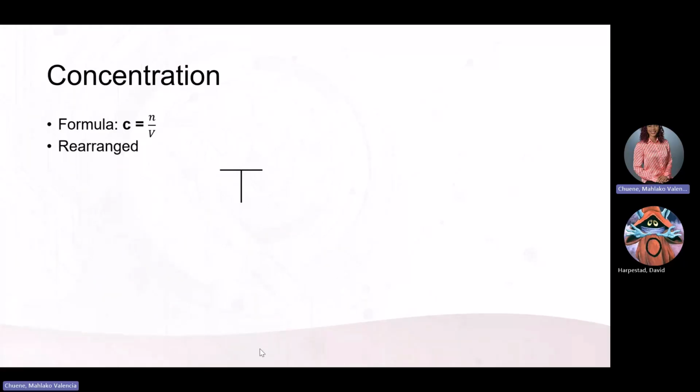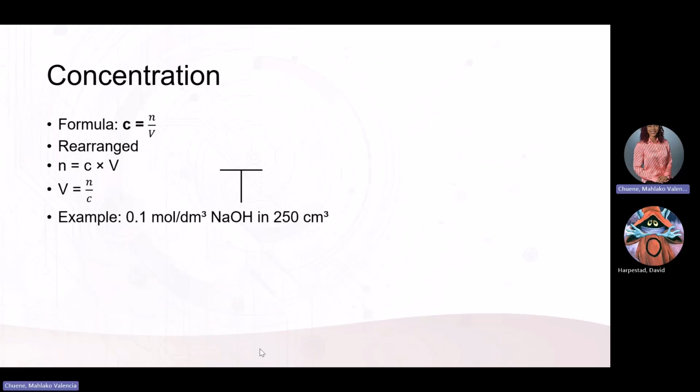We can obviously play around with this formula to change the subject of the formula, because oftentimes you'd find that they give you the concentration and they're looking for the volume. You can use the number of moles and the concentration to find the volume, and sometimes you can also use the concentration and the volume to find the number of moles. It just depends on what they've given you. So that is what this rearranged formula looks like. I'll be sharing a triangle later, which you can use to visualize this.